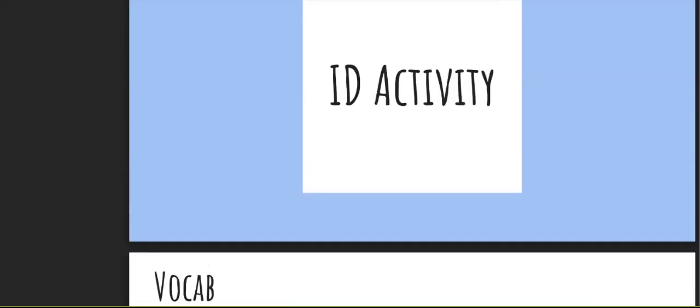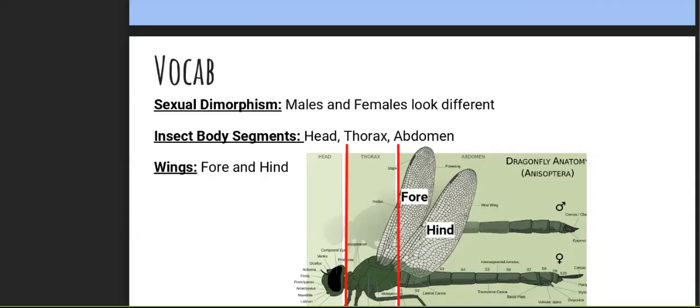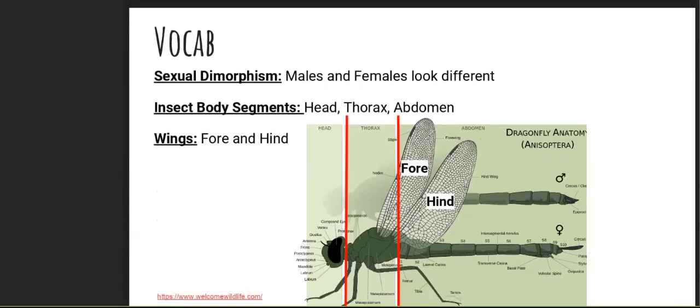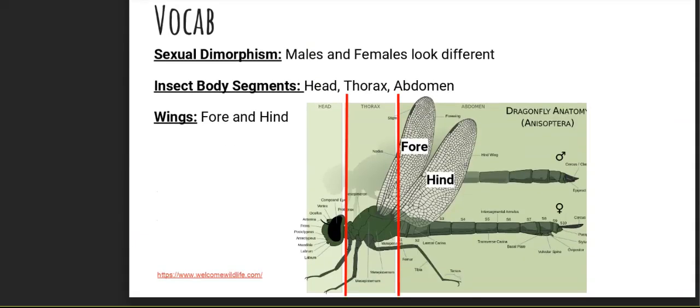Now in this second part of the video, we're going to talk a little bit about the different parts of the dragonfly body. Dragonflies have a head, a thorax, and an abdomen. And like we're talking about, they have 4 wings.